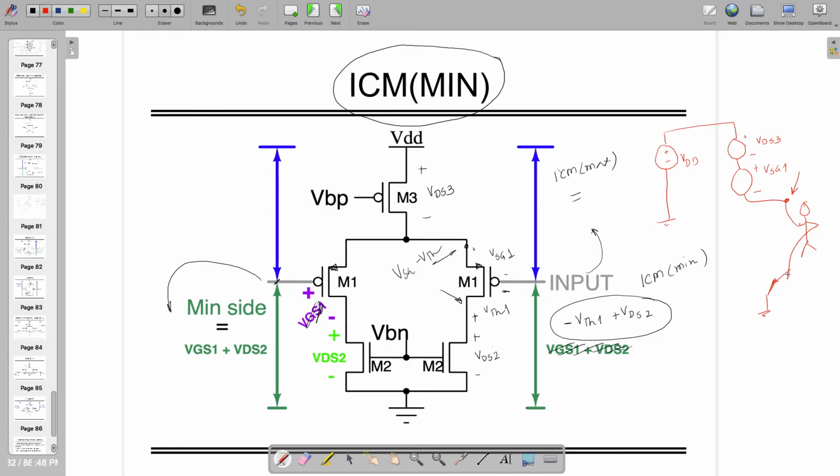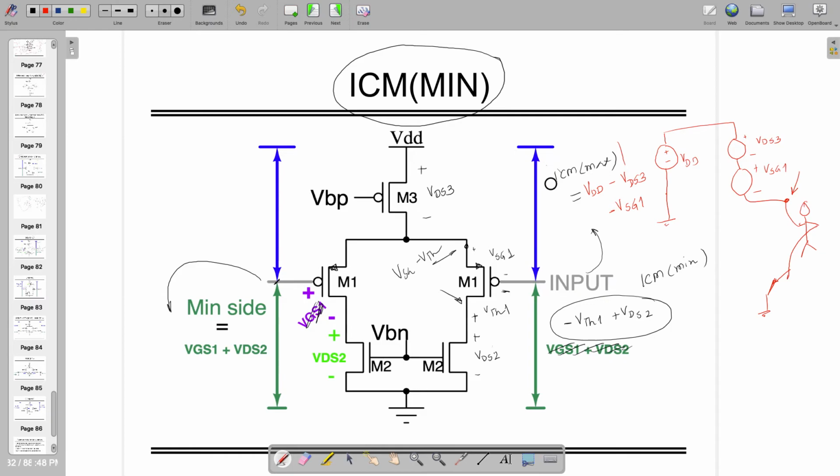When I'm doing this, you need to apply a KVL. In that case, what is happening? It's equal to, you start from here, VDD minus VDS3 minus VSG1. You can make it in the reverse way also with mod value.